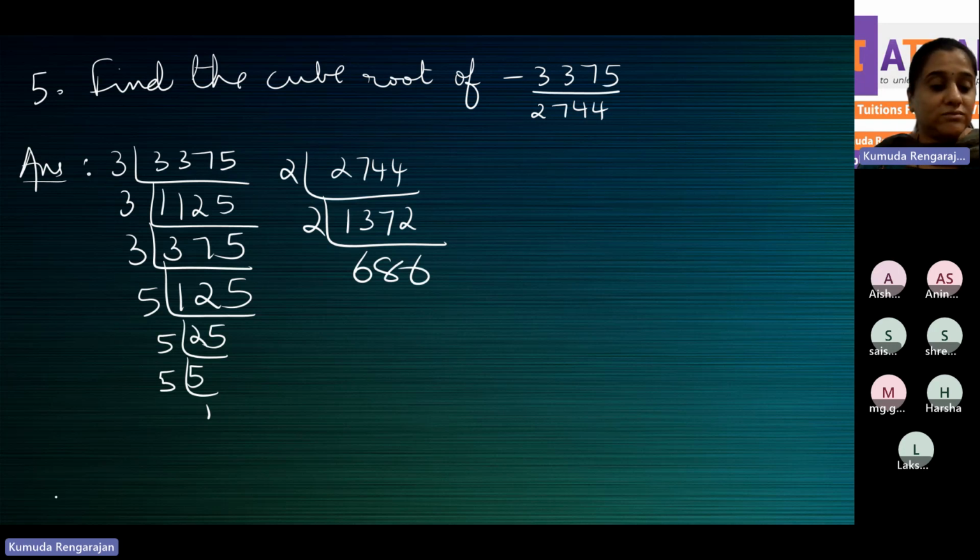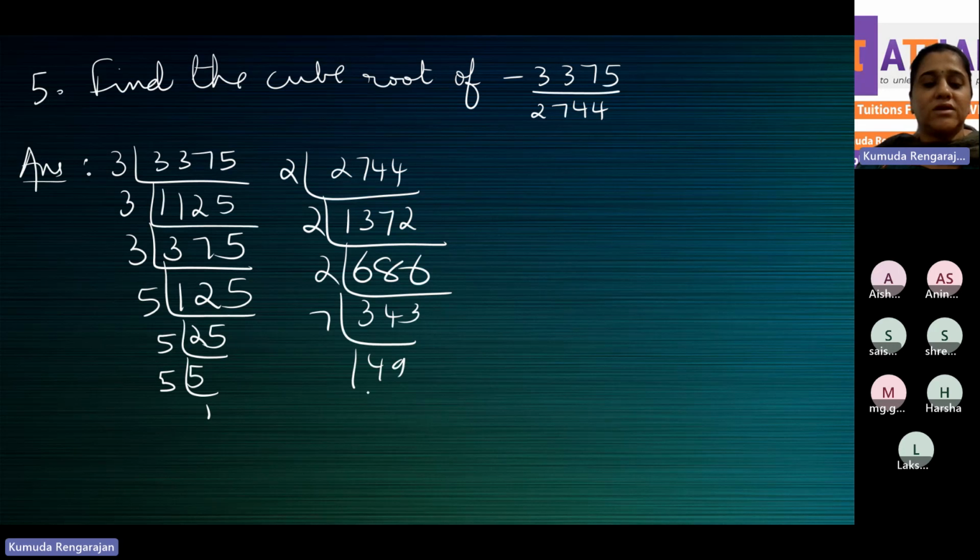Then 2 again. 7 sevens are 49. 7 again, 7 times. 7 ones are 7.